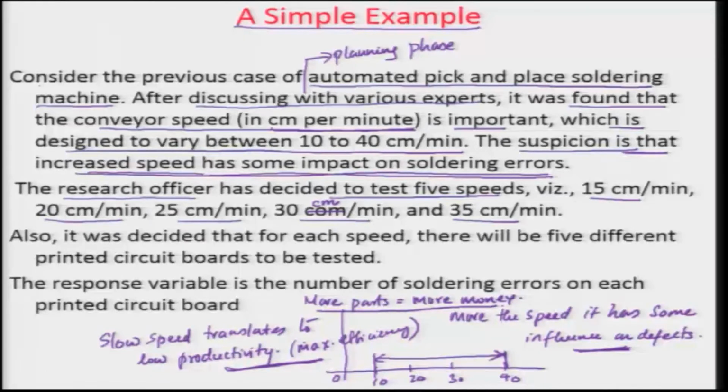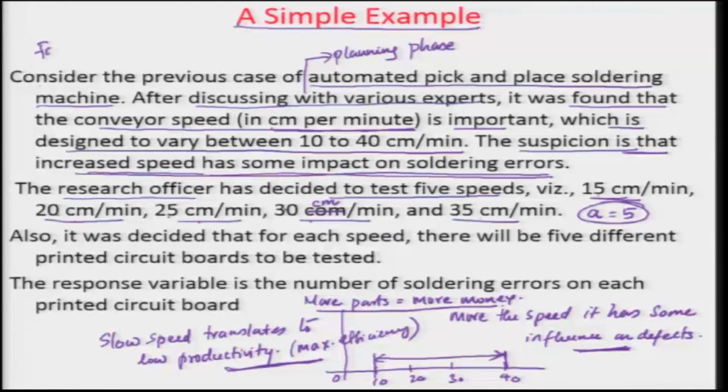So, you have 15, 20, 25, 30, 35. Your value of a is equal to 5, that is 1, 2, 3, 4, 5.